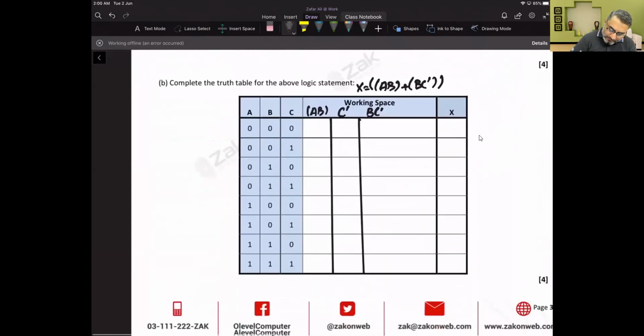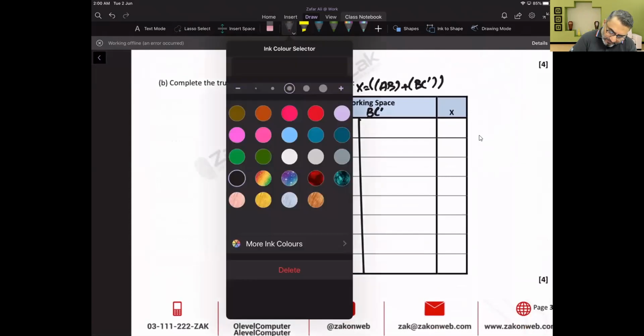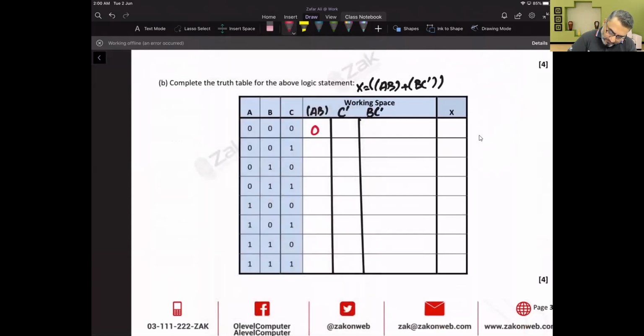Let's solve it. First of all, AB. So this will be 0, 0, 0, 0, 0, 0, 1, and 1. You can see this is an AND gate, so whenever we have all ones, the answer is 1. In any other case, the answer is always 0. Now C not. C not will be easy. Whatever the C is, we have to invert it.